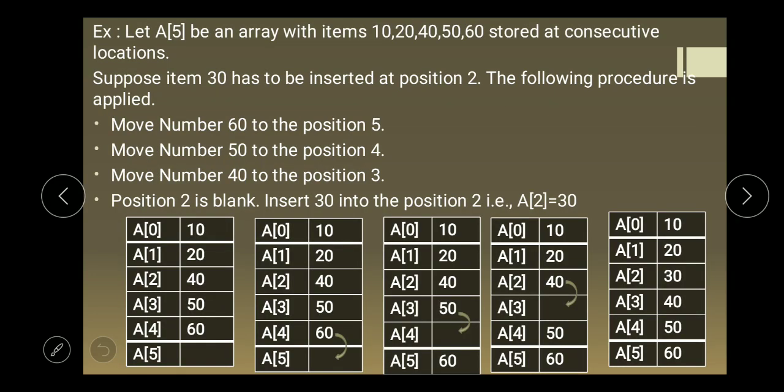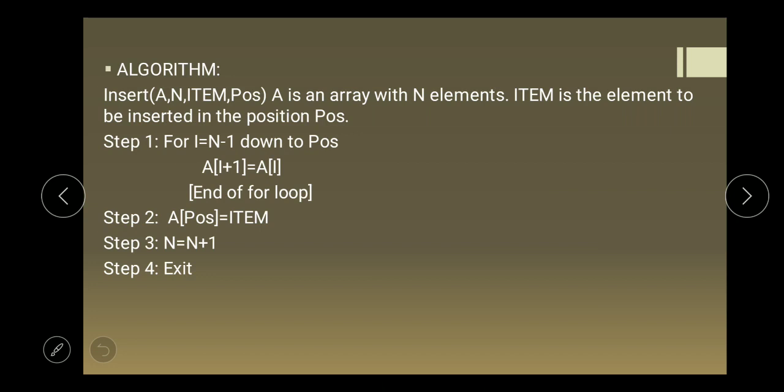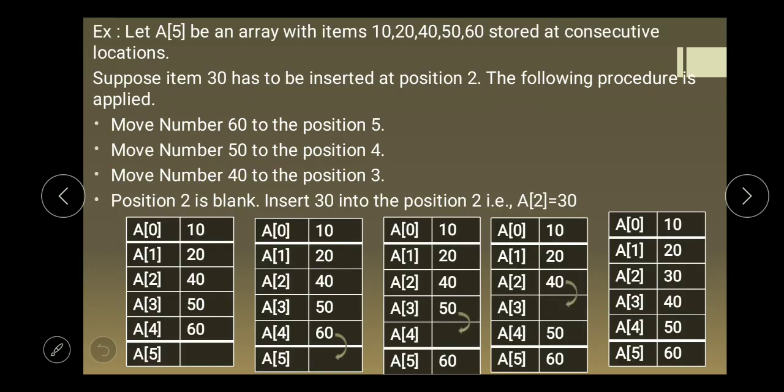Here we are moving our elements to the next position, right? So here A of I plus 1 is equal to A of I. That means here we have A of I meaning 4 here, okay? A of 4.